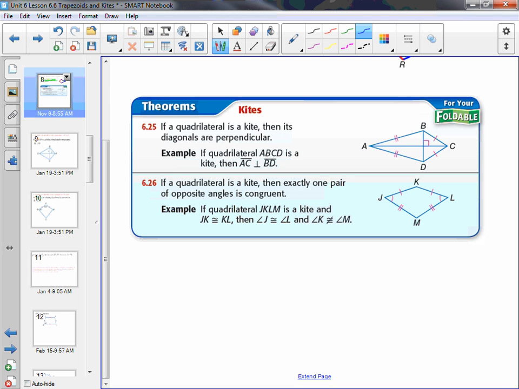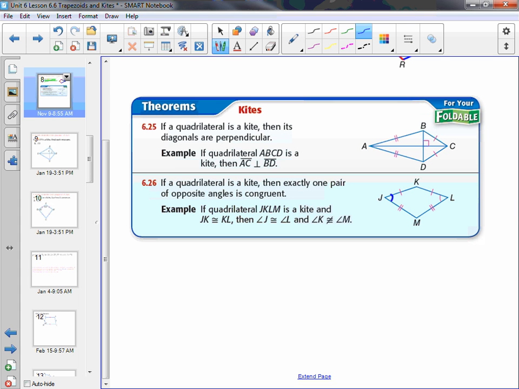Okay? And if a quadrilateral is a kite, then exactly one pair of opposite angles is congruent. Not both pairs of opposite angles congruent, just one pair. And look which pair it is. It's the pair between the non-congruent sides. Okay?